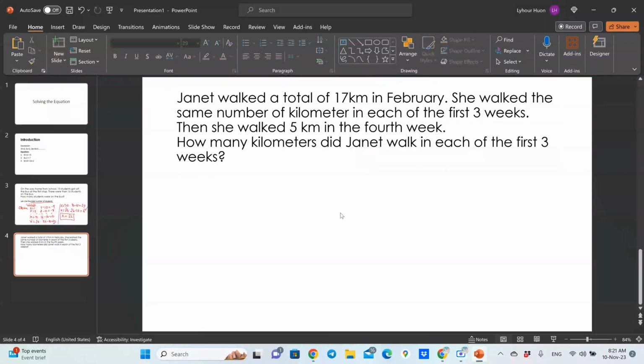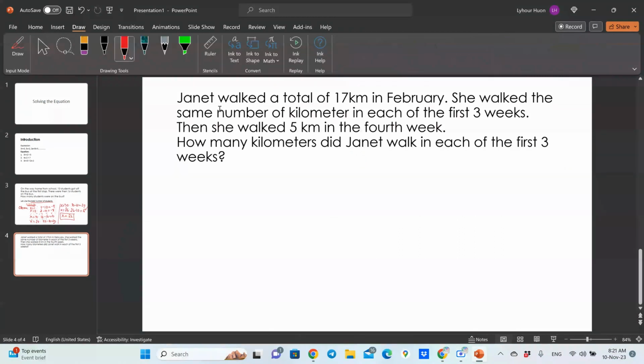Okay, now the problem is Janet walks a total of 17 kilometers in February. So let's say this is the beginning of February and the end of February. From here to here, this is the distance Janet walks. She walked the same number of kilometers in the first 3 weeks.